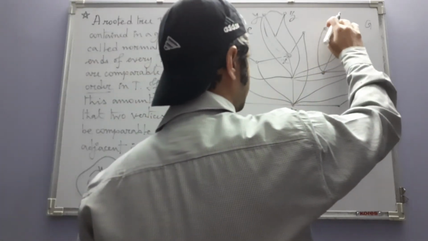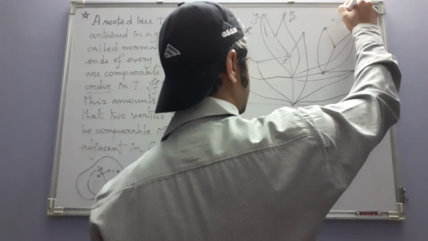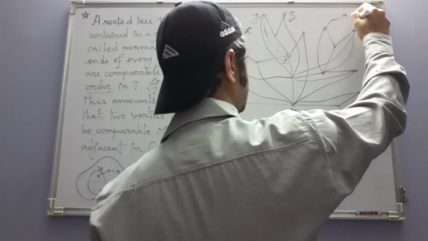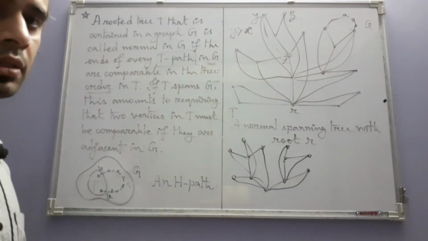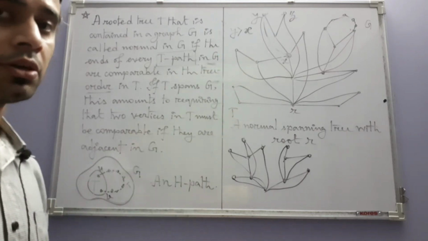Or if you want to complicate matters further, you can take extra vertices and create a T-path, the ends of which are not comparable. Then this tree will not be normal in G.